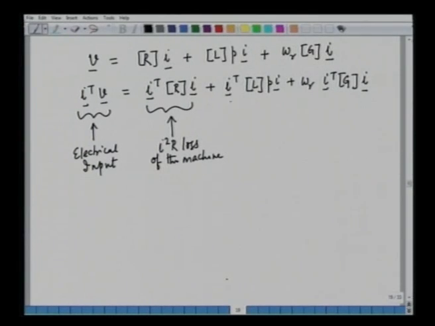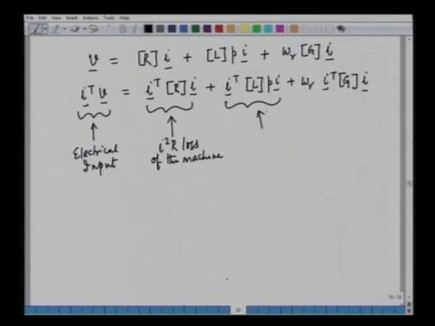And this term is associated with the inductance L, and we know this L matrix. L is a matrix we have seen in the last lecture, which has the self inductances and also the mutual inductances. This particular term, i transpose L p i, is the power stored in the magnetic field.